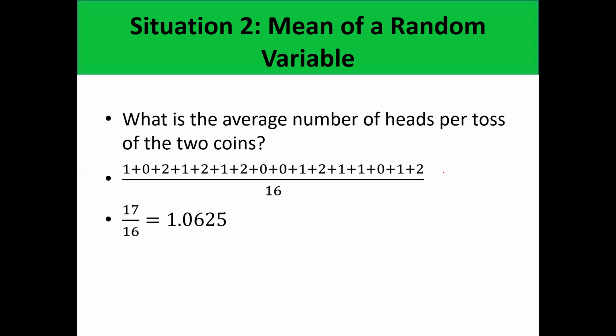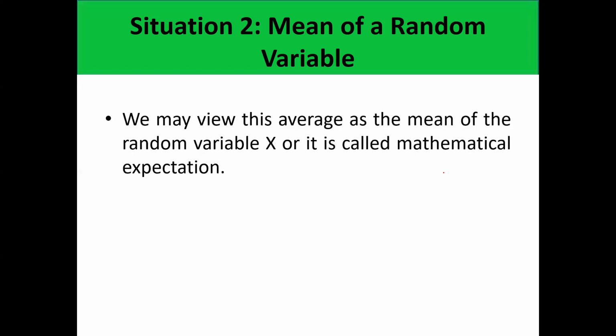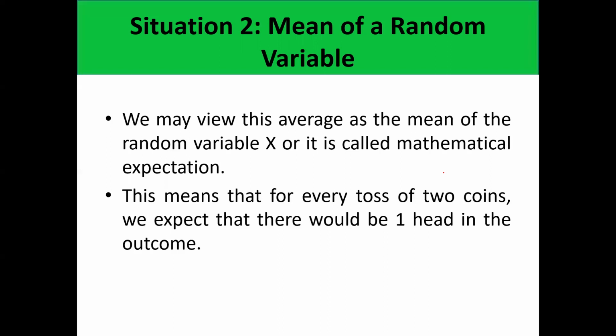So that means every time that we toss two coins, we expect that there would be one head in the outcome, because 1.0625 is close to 1. Now, the random variable x that we considered in the situation has a mean, or what is called the mathematical expectation.